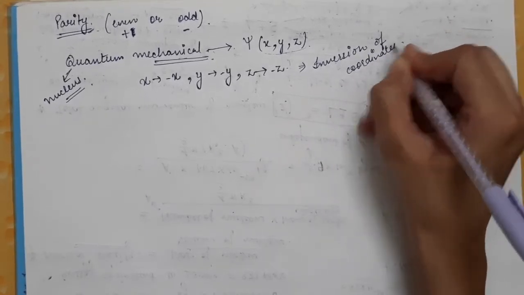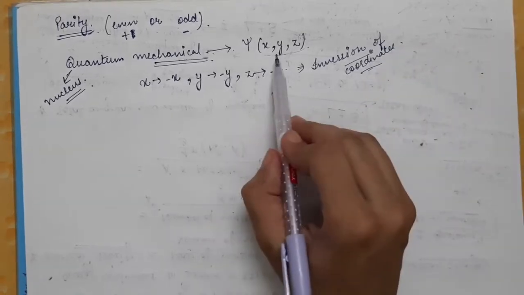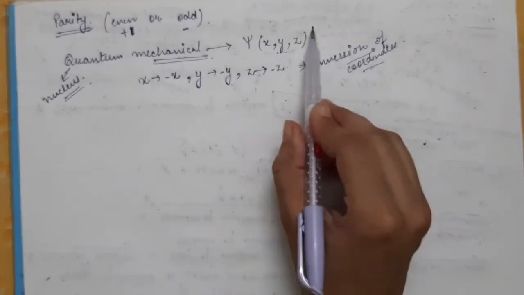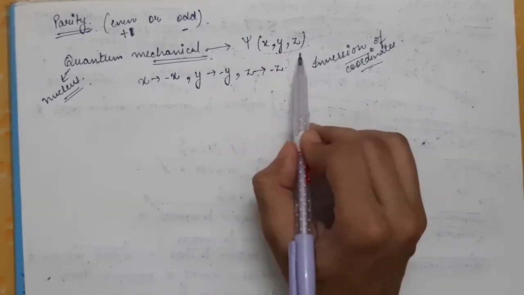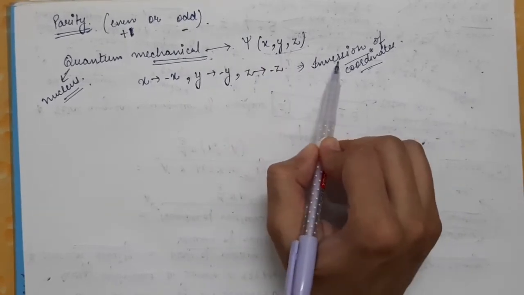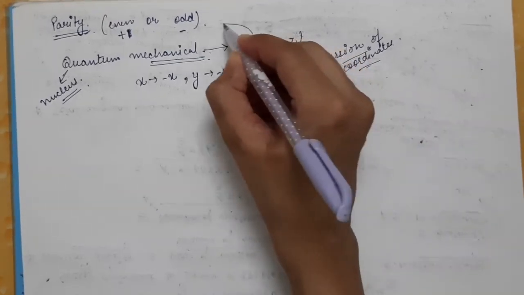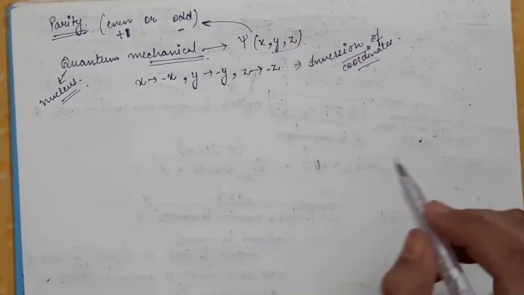Now after the inversion of coordinates in this wave function, what is the behavior of this wave function? That will define the parity of the nucleus.